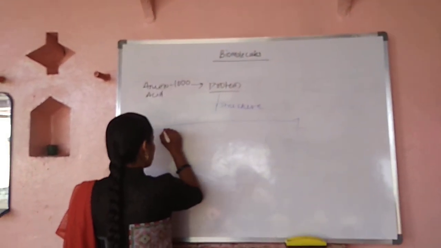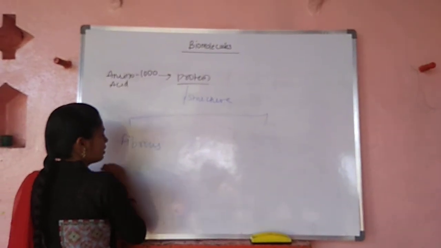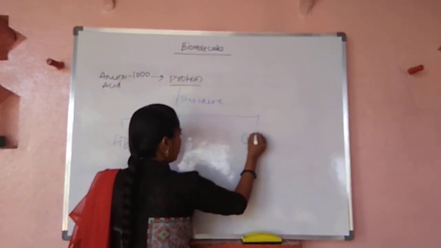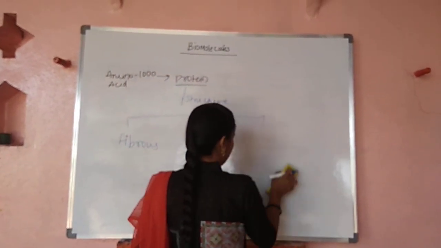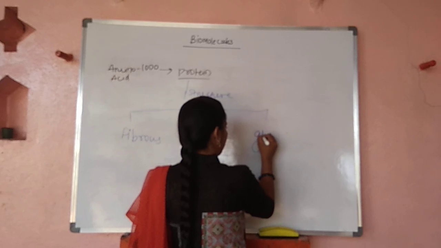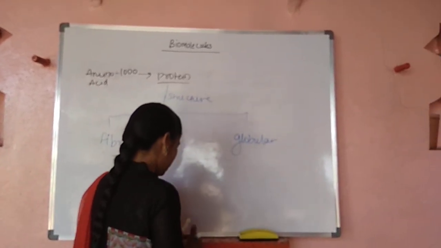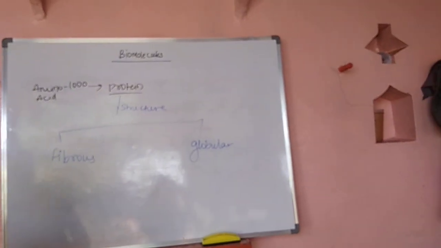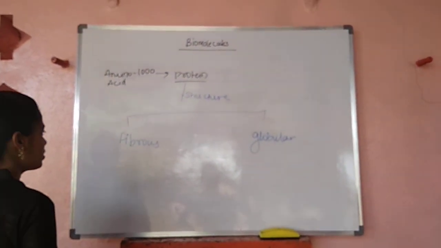Proteins are two types. One is fibrous protein and another one is globular protein. So come to the first one, fibrous protein. Its name only suggests the properties of fibrous protein.